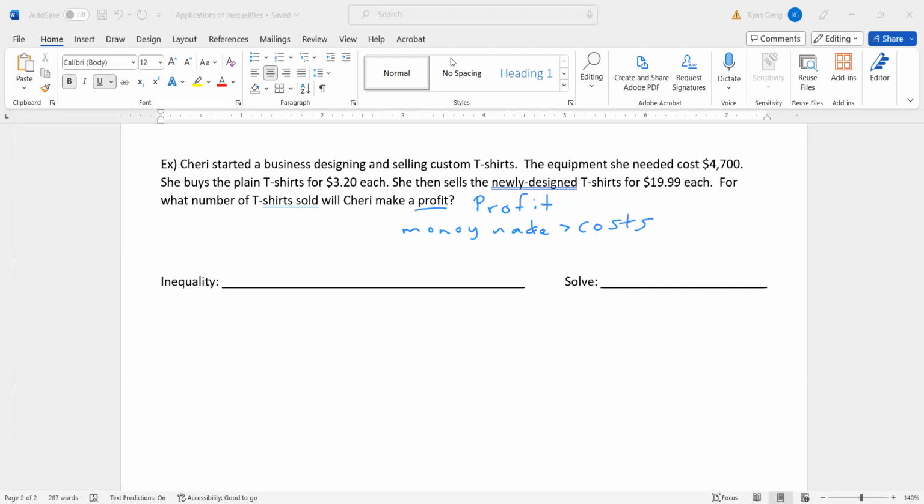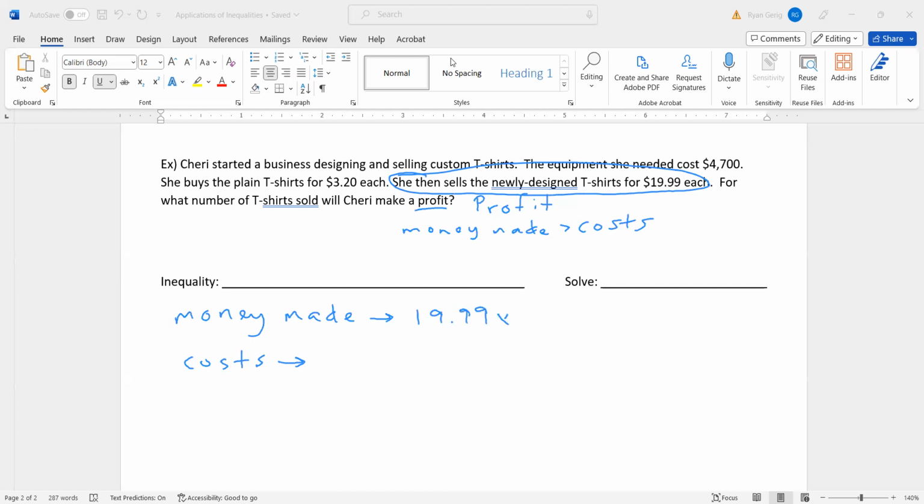So this is going to look a little different. So money made, we're going to write an expression for money made for Sherry. And we're going to write an expression for cost. Well, she's making money by selling the t-shirts. So that's this part right here. She sells them for $19.99 each. So $19.99 per t-shirt.